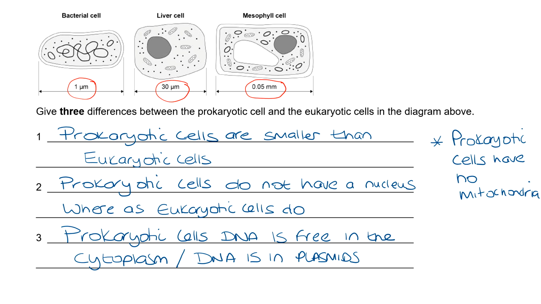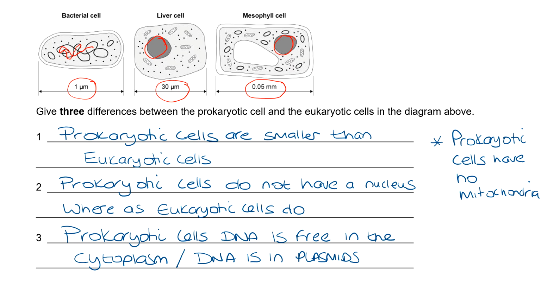Secondly, prokaryotic cells don't have a nucleus, whereas eukaryotic cells do. You can see the nucleus clearly in the two eukaryotic cells. Thirdly, in prokaryotic cells, the DNA is free in the cytoplasm, as you can see by this long strand here.